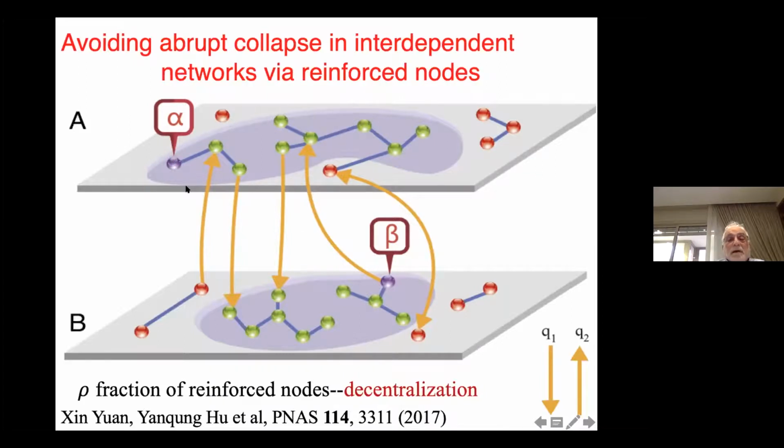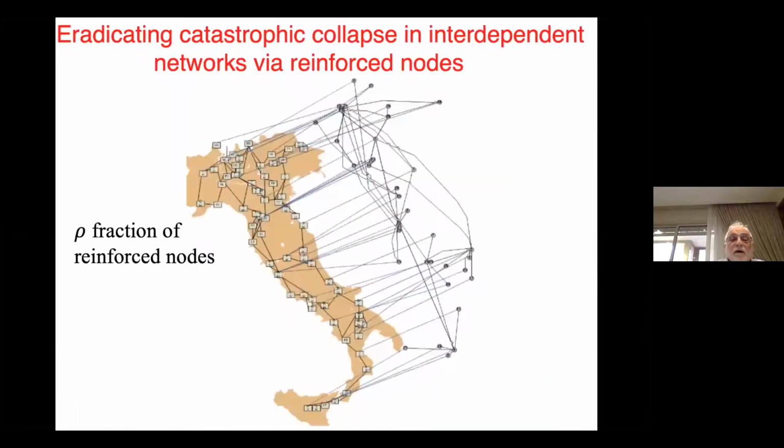But now I give it electricity, I give it communication, I give this one communication also. And then the giant component that can function is much larger. And this we can solve analytically, and this was done in 2000, and we saw that if you give these components a very small fraction, you can avoid the cascading failure.